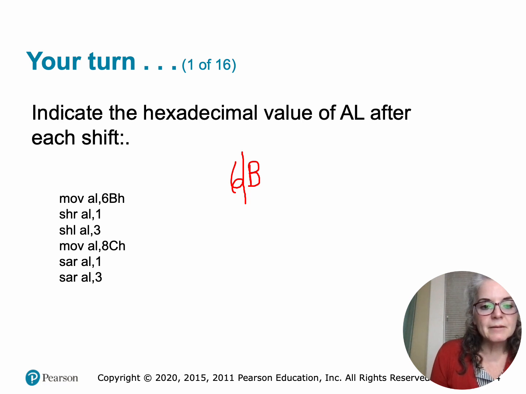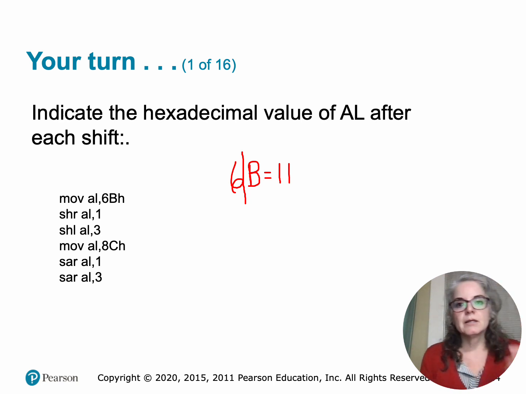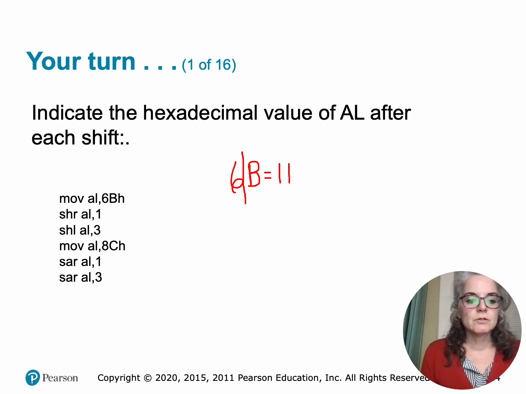A is 10, B is equal to 11. So to make an 11 with binary, I need an 8 plus a 2 plus a 1. 8 plus 2 is 10 plus 1 is 11. So 8, 4, 2, 1. This bit is worth 1. This bit is worth 2.